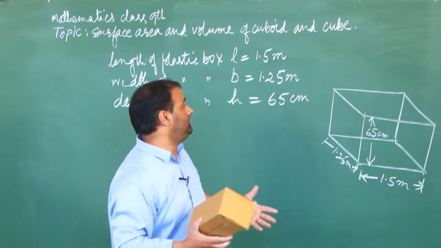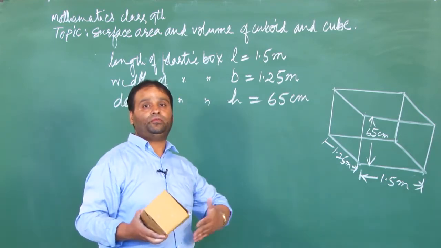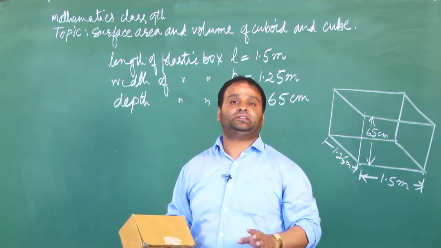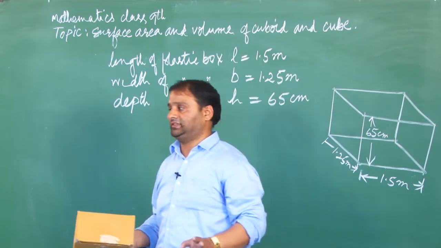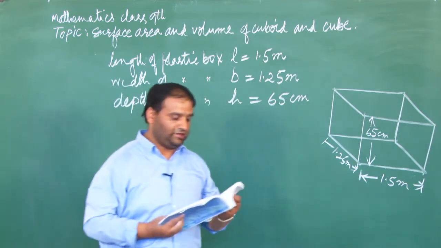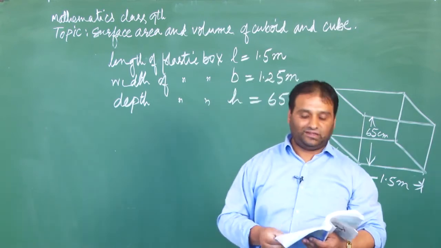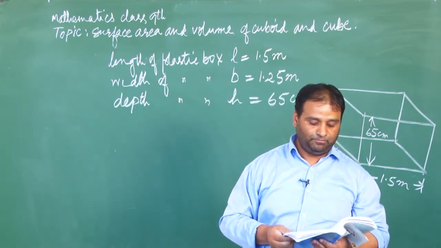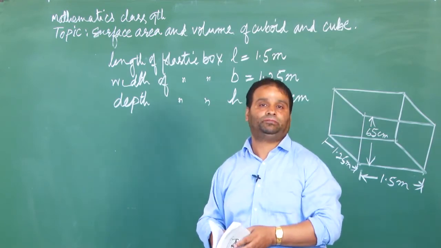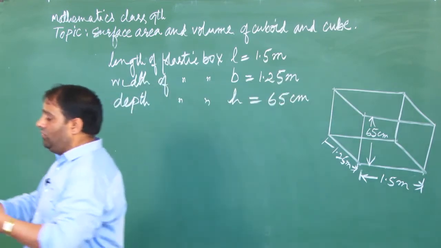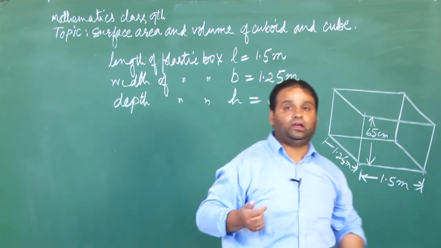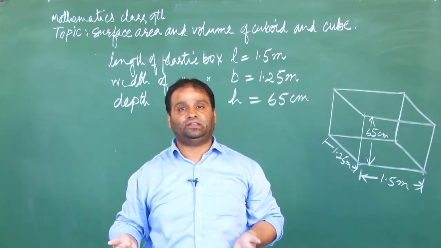So, a plastic box is given with its top open, and we now need to consider only 5 surfaces. What the question is further saying is that ignoring the thickness of the plastic, determine the area of the sheet required for making the box. Now, for making the box, we need to take into account only 5 surfaces.